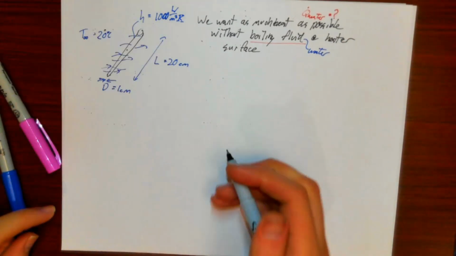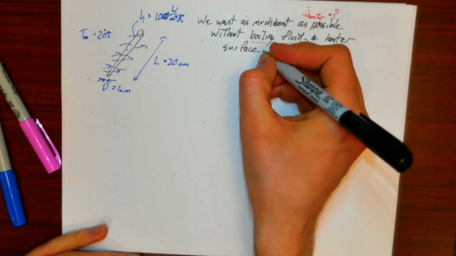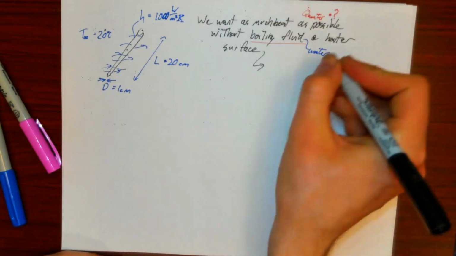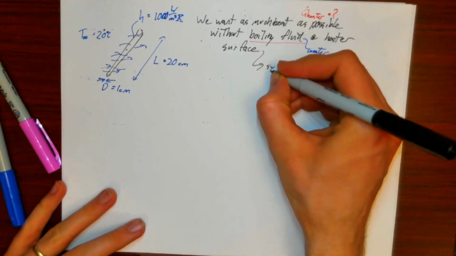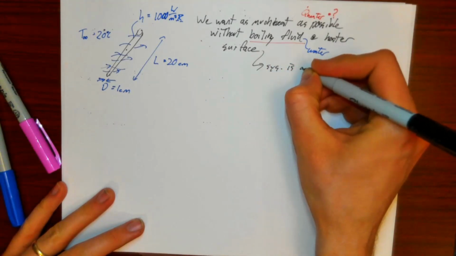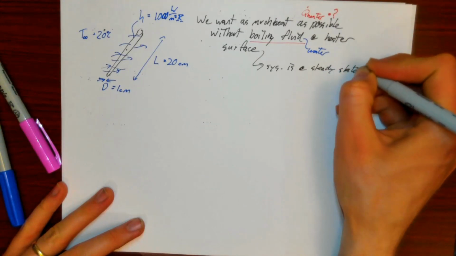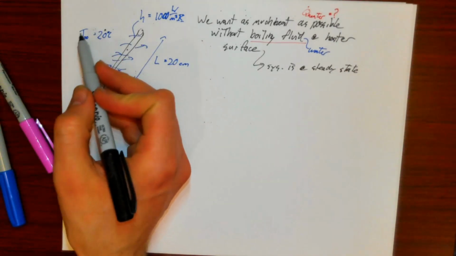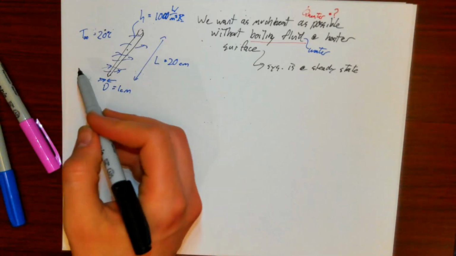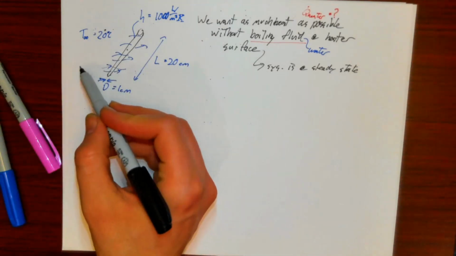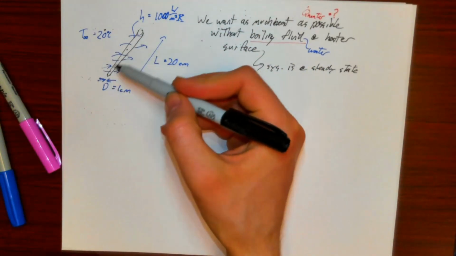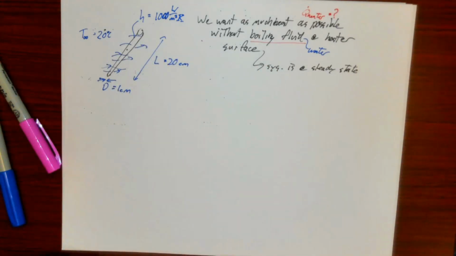And in particular, we're looking for this scenario when the system is at steady state. So we have an ample supply of 20-degree water coming in, and we're basically flowing that water past it and heating up, and our system is kind of at steady state here.